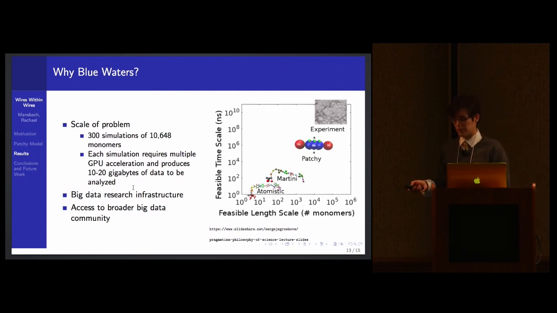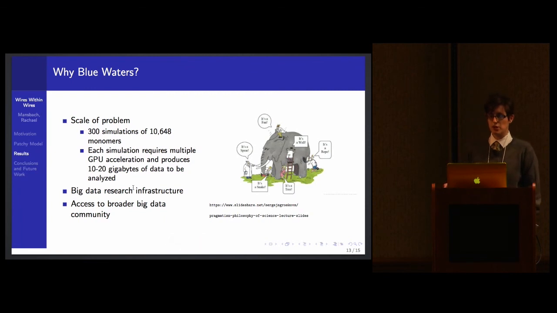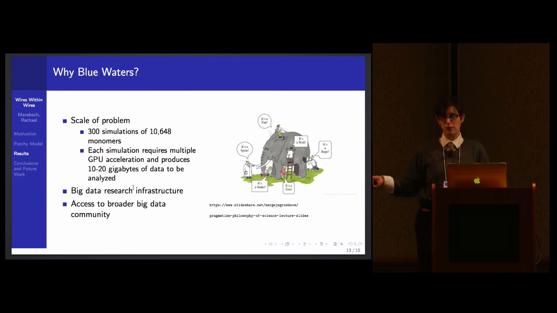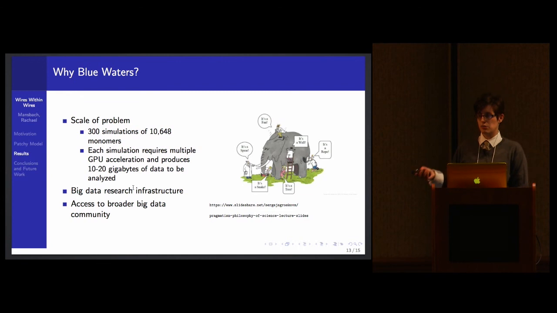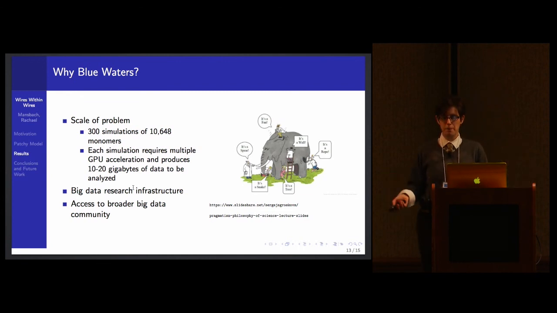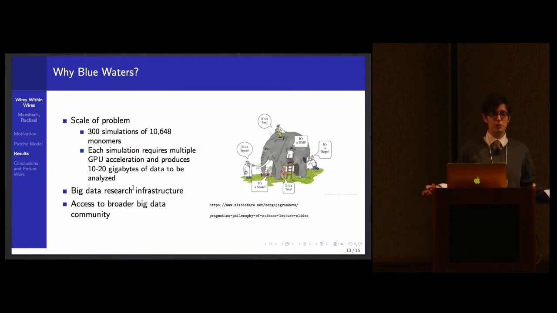I think something else that was really important for this project and is going to continue to be important going forward is access to the big data community that all of you are part of, because this is really a very interdisciplinary problem. One of the things that we are trying to work on going forward, which is still a little bit stalled, is that I've been talking about doing classical molecular dynamics, but I'm talking about optical properties.